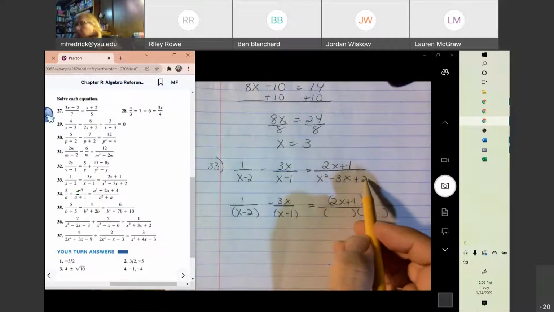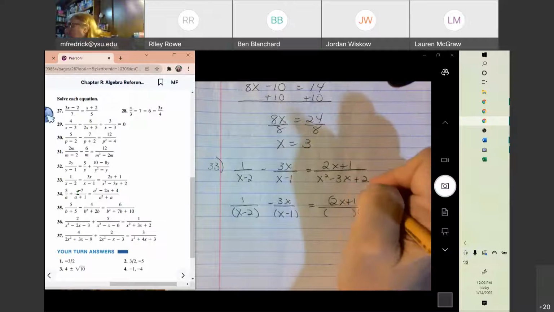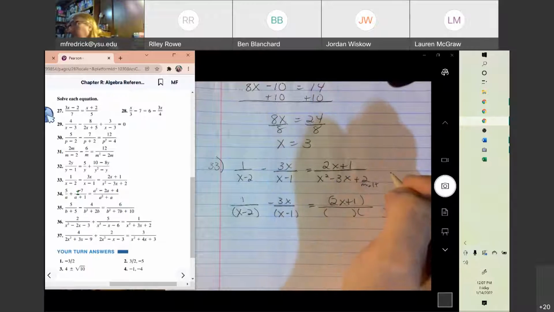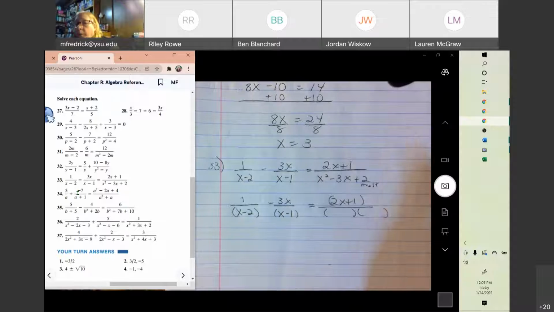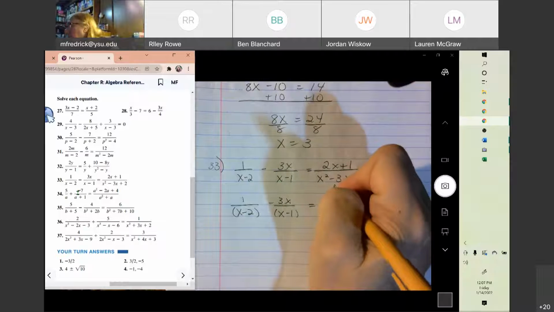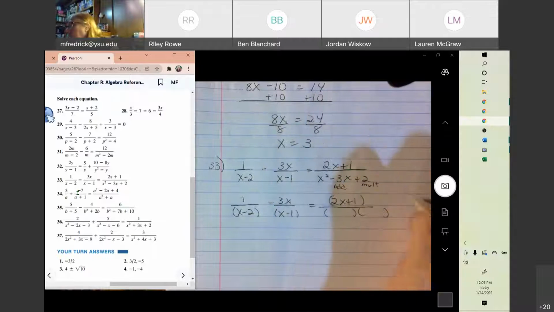So we need two numbers. When we multiply, we get 2. That when we add, we get a -3. And a lot of times, if you look at your other denominators, it's probably one or both of them. The only thing that multiplies to get 2 is 1 and 2.